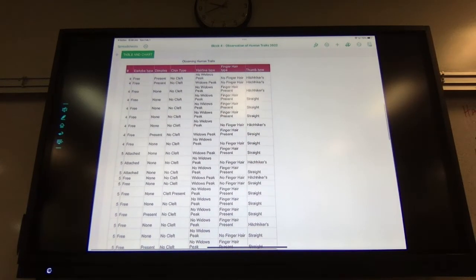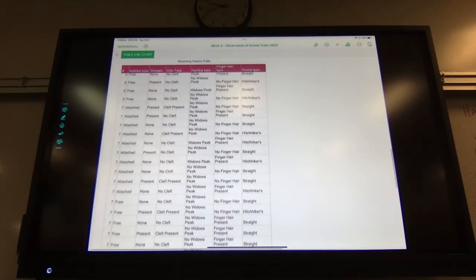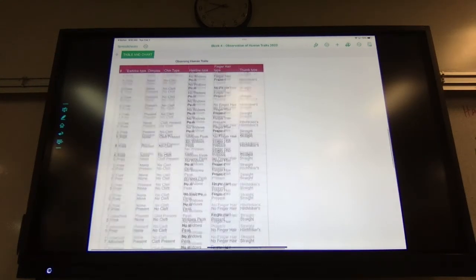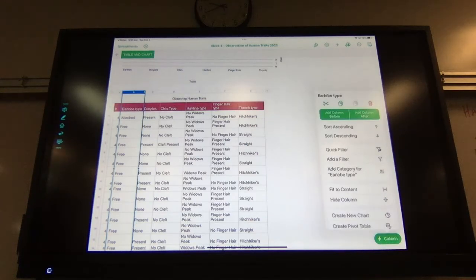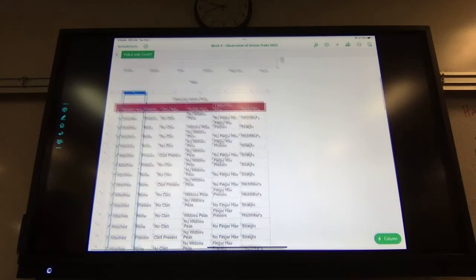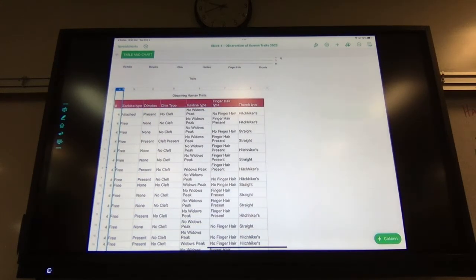There's no attached, is there? Oh, yeah, it's at the top. It's me. Okay, so I sorted that wrong, so now we're going to sort column B, sort ascending. Oh no, that was right.